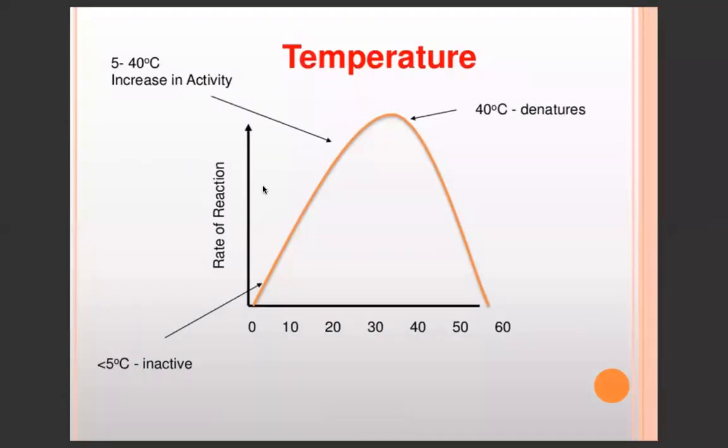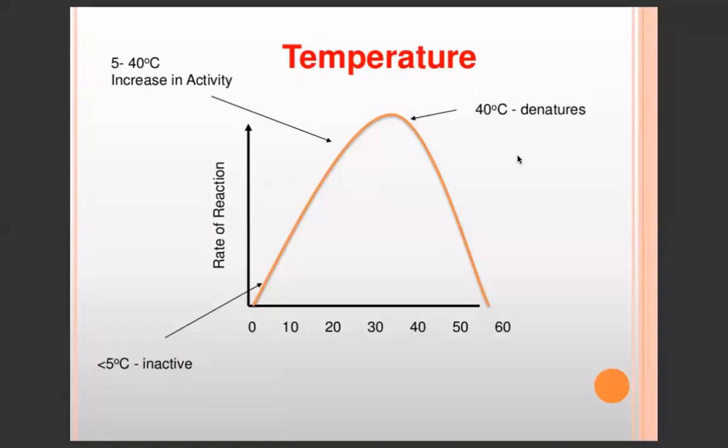Now you see the rate of reaction in relation to the increase in temperature up to some level. If you see the graph, up to some level we can increase the enzyme reaction in the forward direction, but beyond 40 degrees C, the enzyme is denatured and the forward reaction declines. So between 5 and 40 degrees C, the enzyme activity increases.